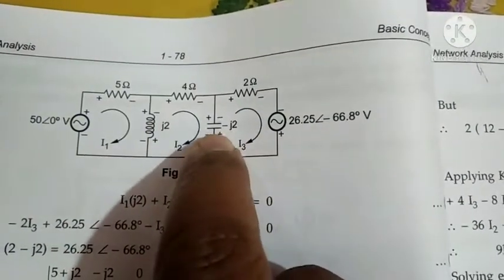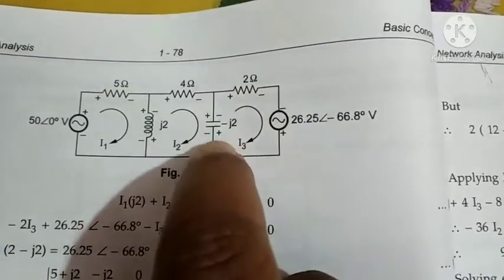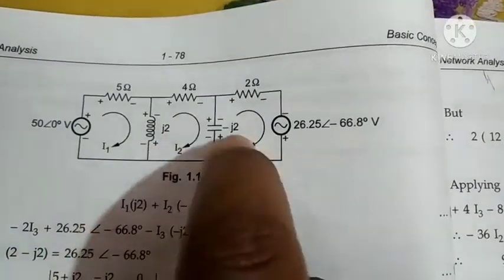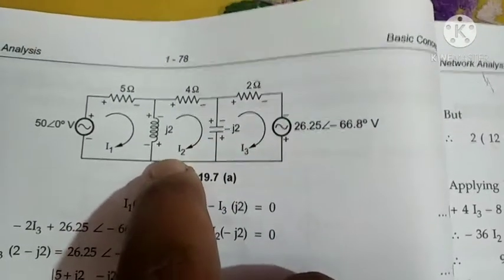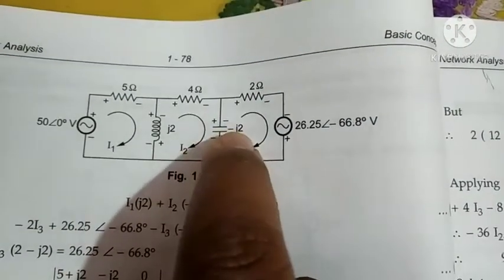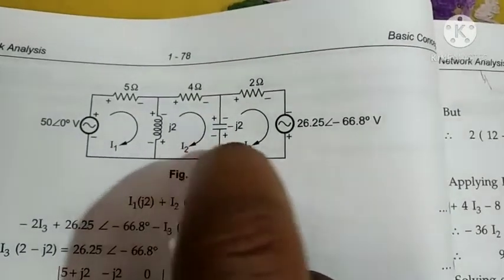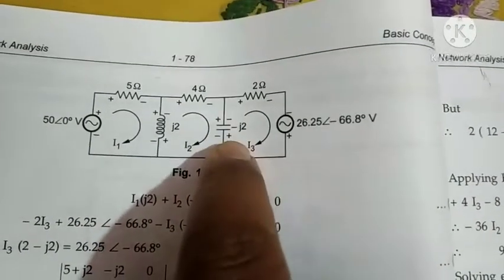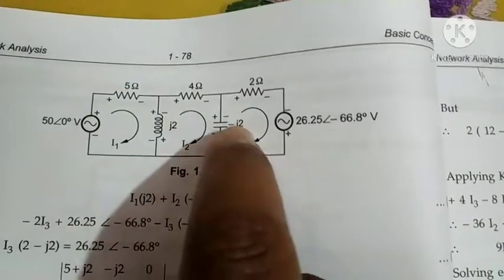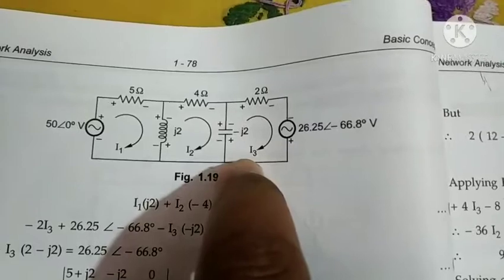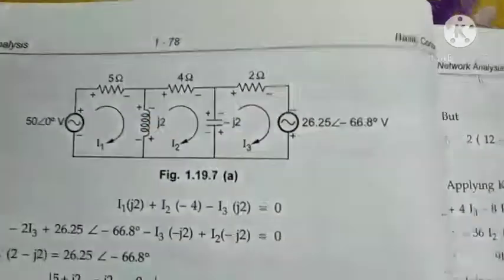Then minus j2 into plus I3, so minus j2 into I3, equal to 0. So we get the second equation.